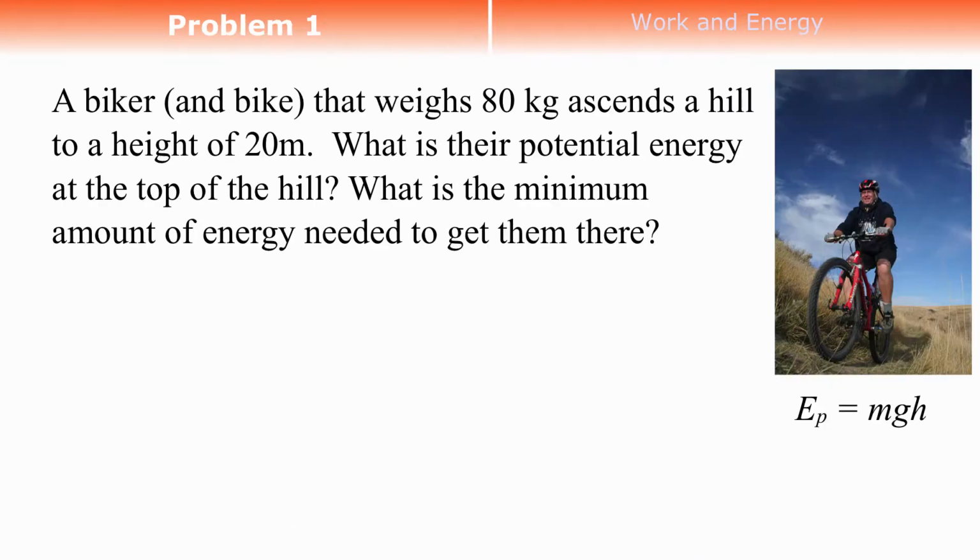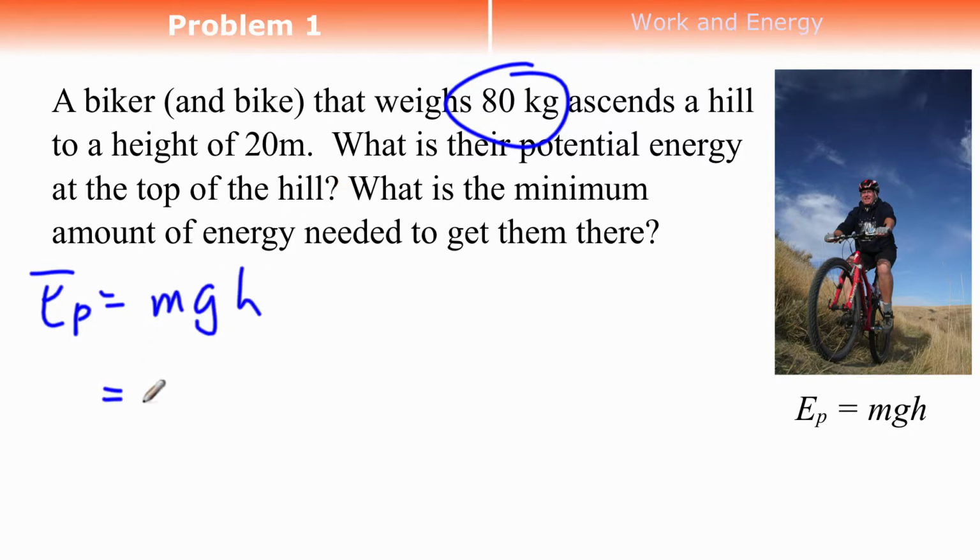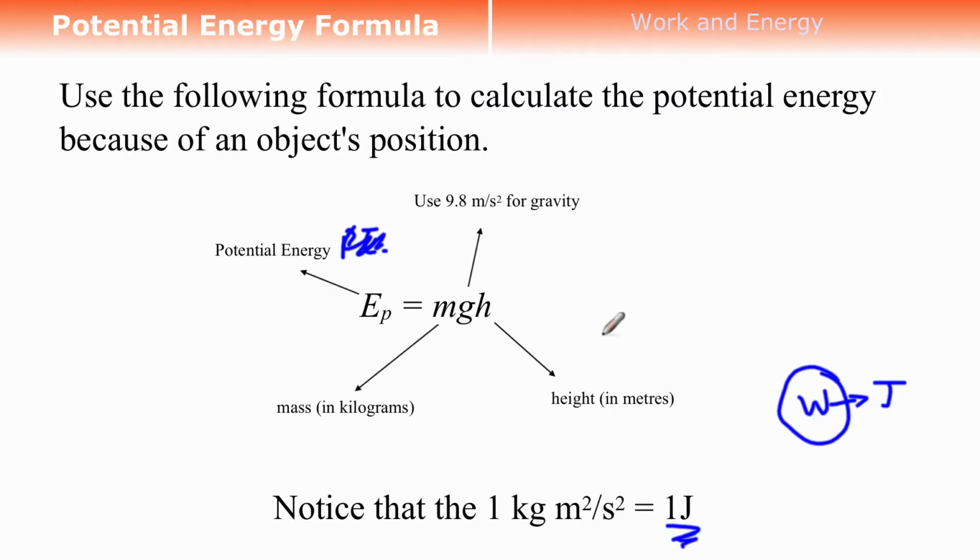Okay, so let's try a question. A bike and rider weigh 80 kilograms together, and go up a hill to a height of 20 meters. What's their potential energy at the top of the hill? Okay, let's figure that out. Potential energy is equal to the mass multiplied by gravity multiplied by the height. So the mass is 80 kilograms. And let me just check back here.